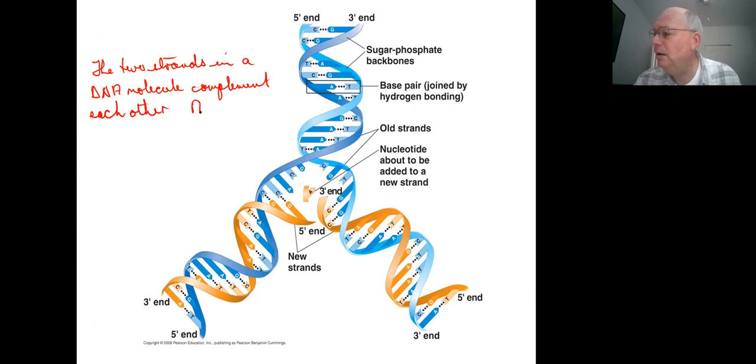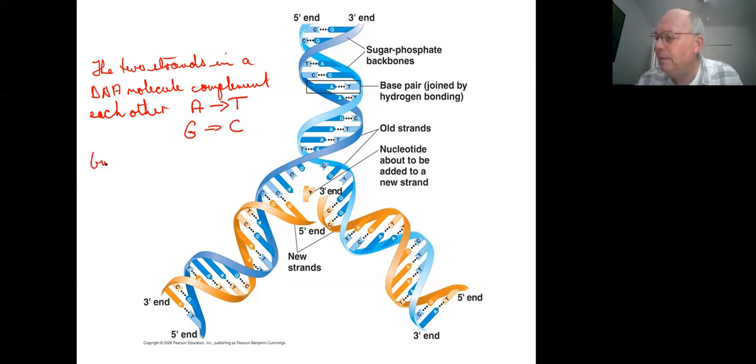So A complements T, or pairs to T. So you can see that where in one strand you've got an A, you've got a T in the other strand. And G complements C. So wherever you've got a C in one strand, you've got a G in the other strand.